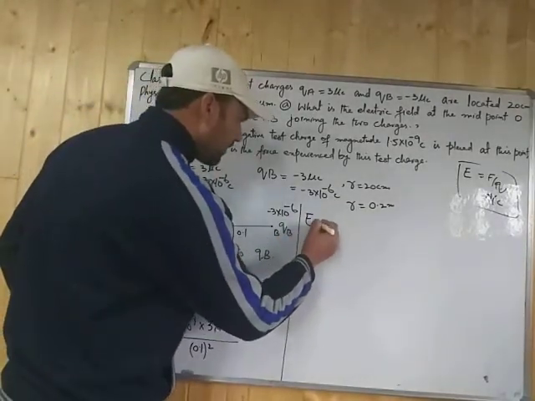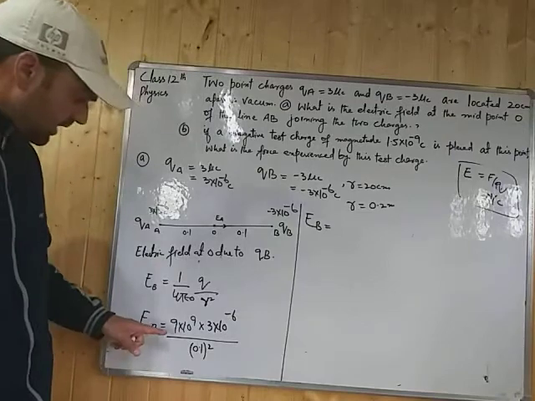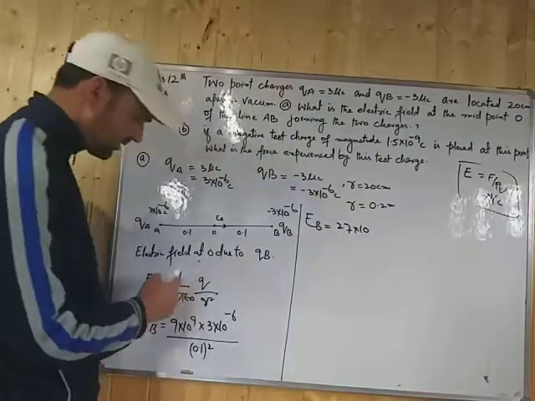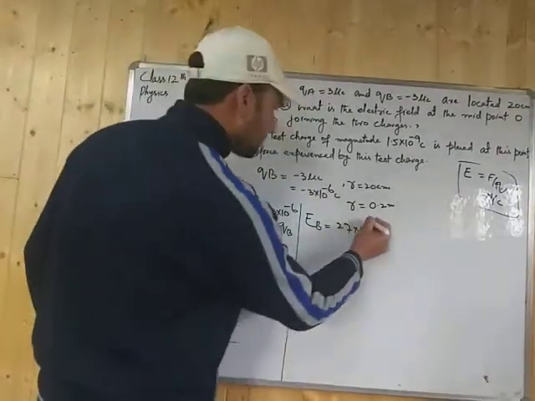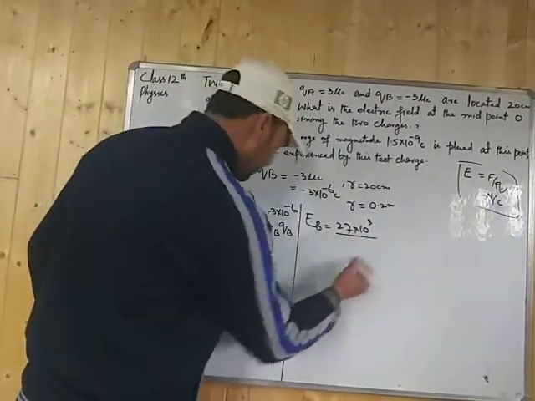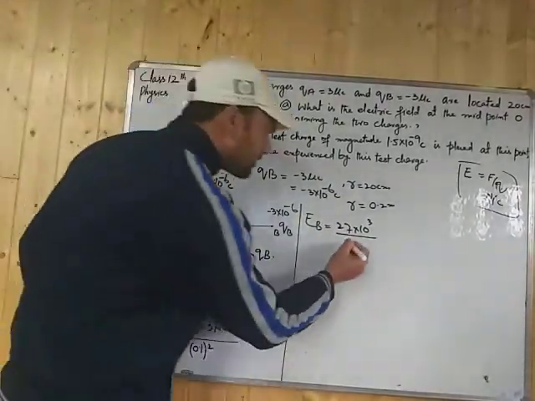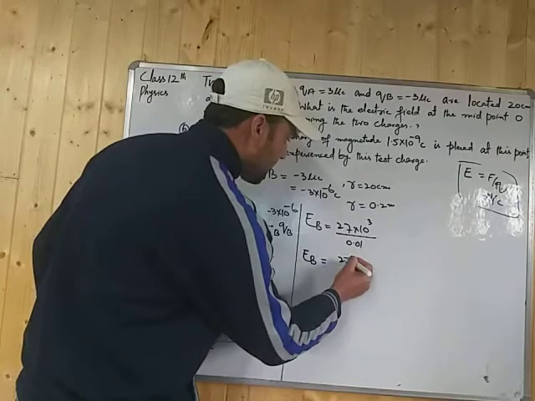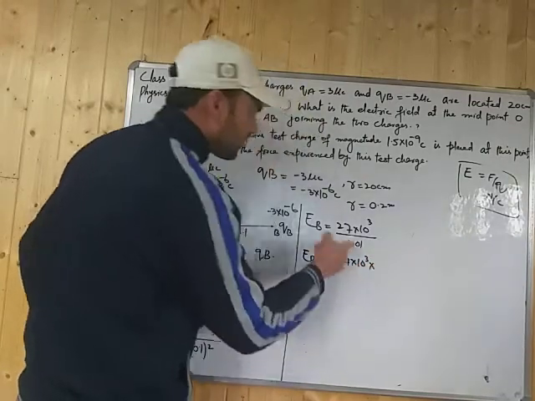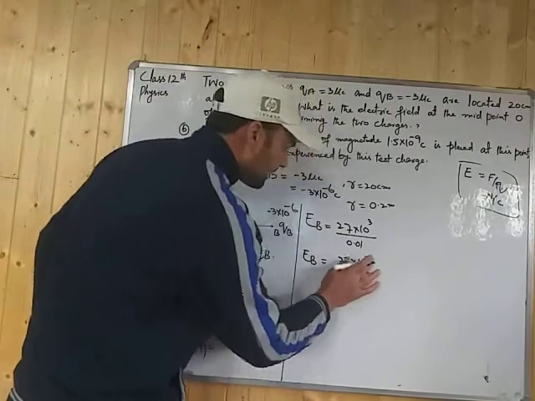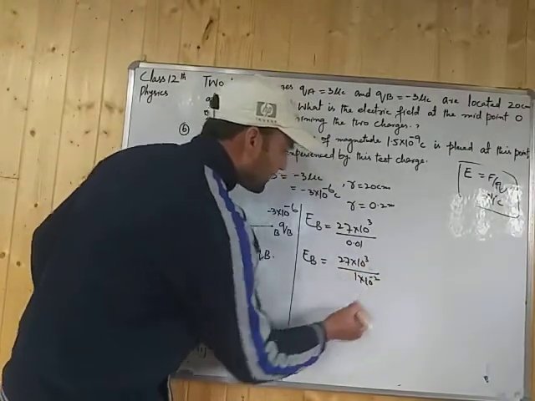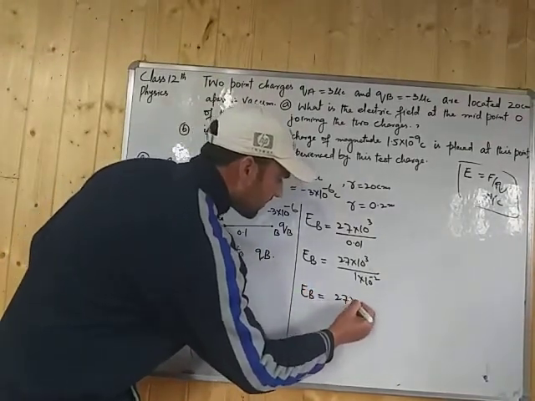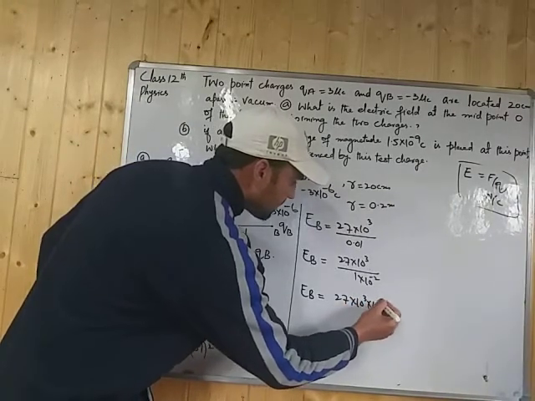EB is equal to 27 into 10 raised to power 3, divided by 0.1 into 0.1, that is 0.01. So EB is equal to 27 into 10 raised to power 3 divided by 1 into 10 raised to power minus 2, or 27 into 10 raised to power 3 into 10 raised to power 2.